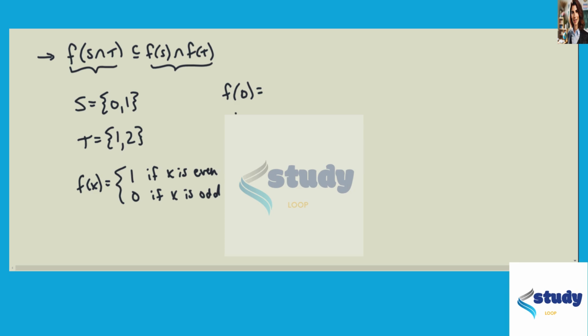Okay, so if I have f of 0, f of 1, and f of 2, those are the three values I have in my two sets here. If it's even, it's 1. If it's odd, it's 0. So the possible values for my outputs for my elements in S are 0 and 1.